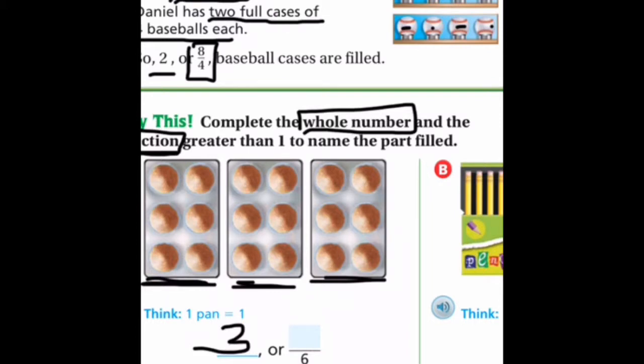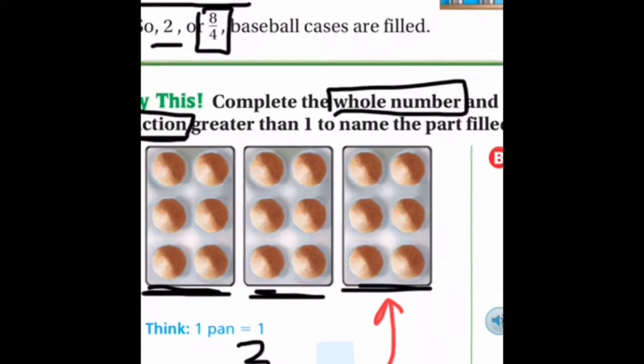And then each pan is divided into 6 equal parts. So that's why our denominator is a 6. We look at one of them and figure out how many each one's divided into, in this case 6. And then our numerator is going to be the total that we can count.